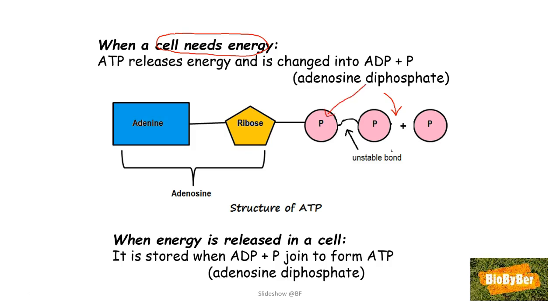ADP because it has 2 phosphates and a phosphate that's set free, if you like. Now, when energy is released in the cell and it needs to be stored, then the ADP, which is like an empty van, and phosphorus will join to make ATP, and we're basically back where we started again, ATP, an energy-rich molecule.